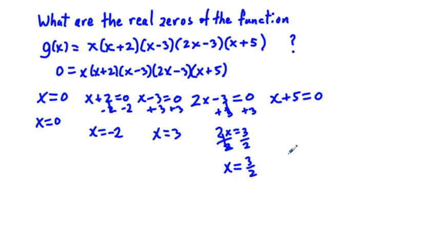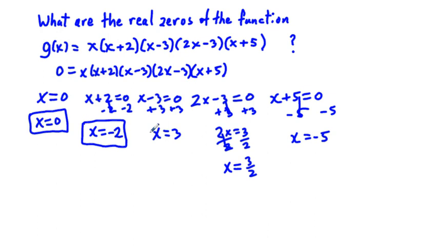And finally from this last one, subtract 5, we have x is equal to -5. So these are our zeros: x equals 0, x equals -2, x equals 3, x equals 3 over 2, and finally x equals -5.